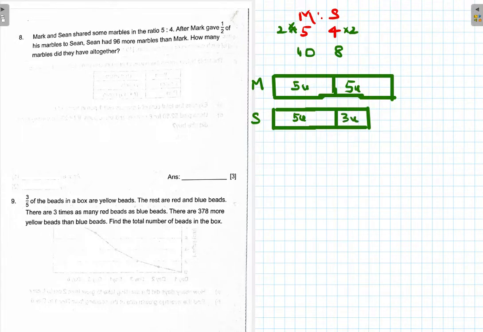Okay, so if I give this away 5, I'll have another model here. Let me draw over here. After giving away, over here Mark will be left with 5 unit, right? While Sean will have more.